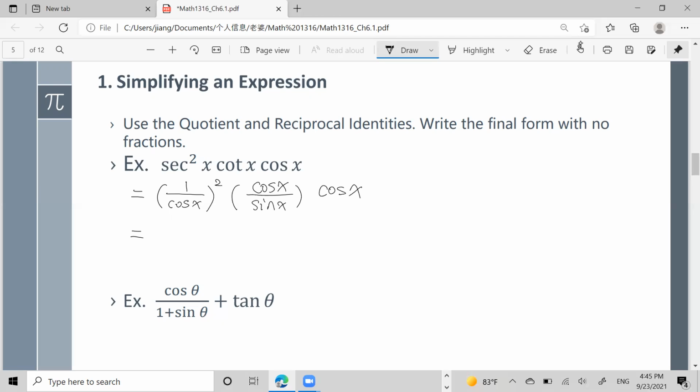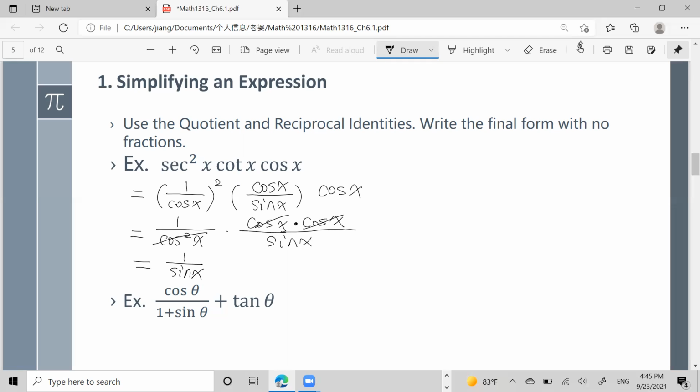If you want to do that step by step, it equals 1 over cosine squared x times cosine x over sine x, with the cosine x multiplied on the numerator and sine x on the bottom. Cosine squared cancels out, equals 1 over sine x.